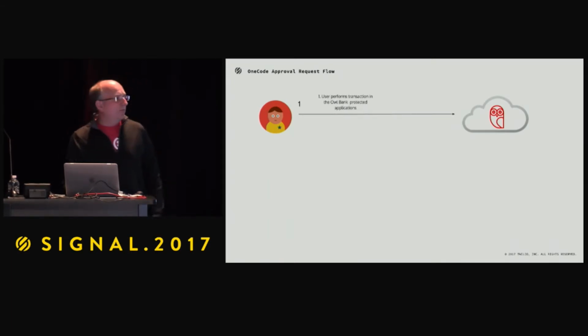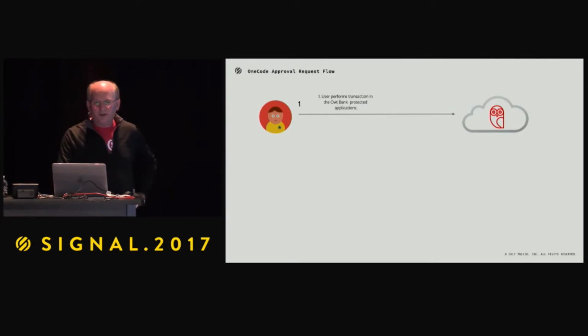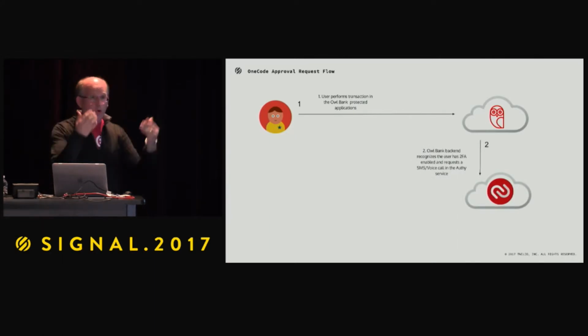So I just wanted to talk a little bit about how the different flows work, just because this is a tech session. So one code is our SMS and voice. It kind of works like this. It works a little different than a raw SMS solution, which is why it's worth pointing out. The user decides to log on to Owlbank. Owlbank is your app.